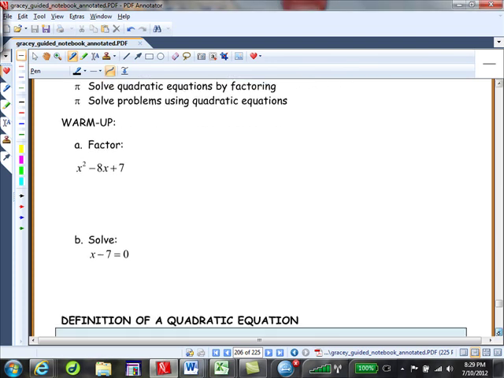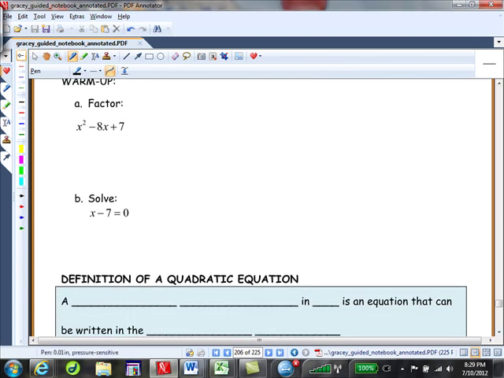Alright, let's see how you did on the warm-ups. The very first one, factor. If we do our friendly x, we have an overall product of +7, and -8 is what we get when we combine like terms. Positive means that we have the same sign, which means this is the result of addition.